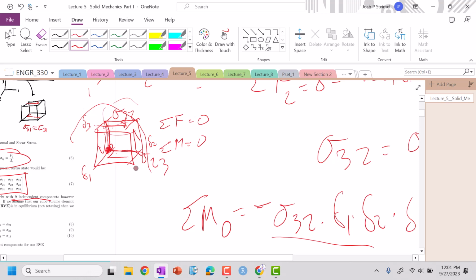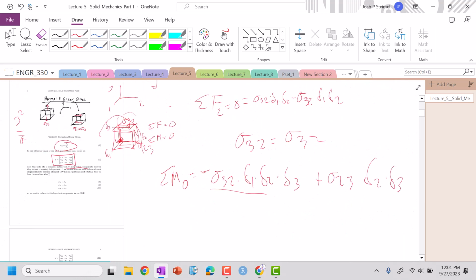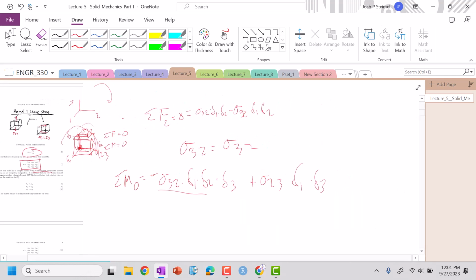Actually, no, excuse me, delta 1 times delta 3. And the distance from here to this plane is delta 2, so that's my force times my lever arm, delta 2. This all must equal 0, so these cancel, and I get that sigma 2,3 must be equal to sigma 3,2.